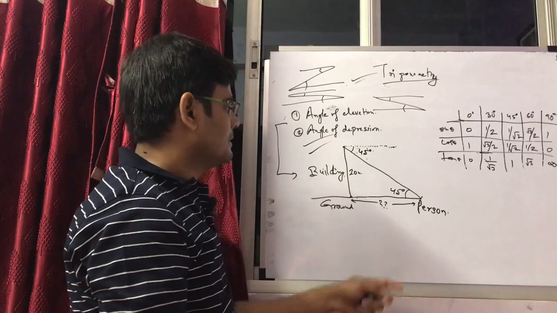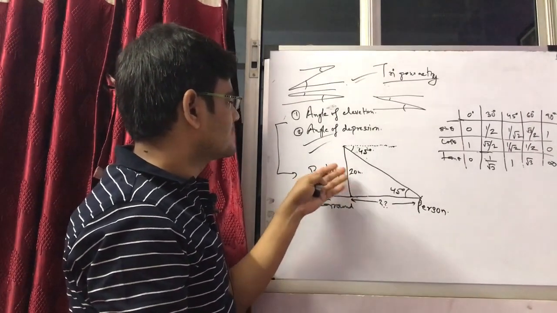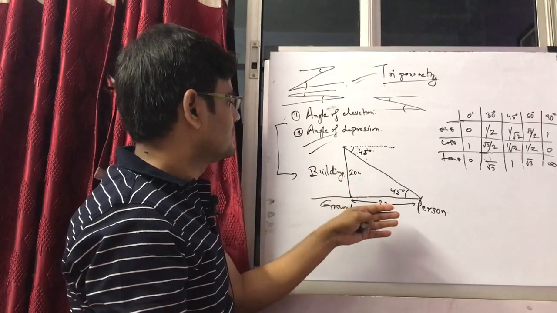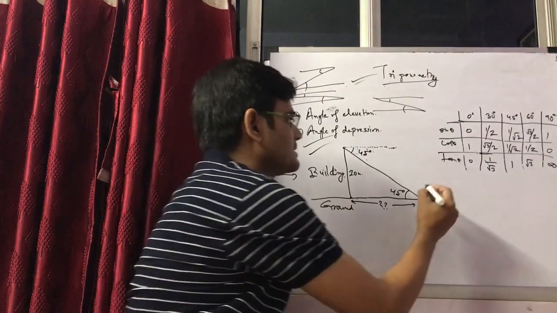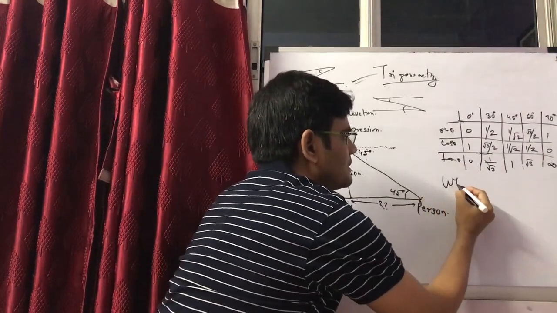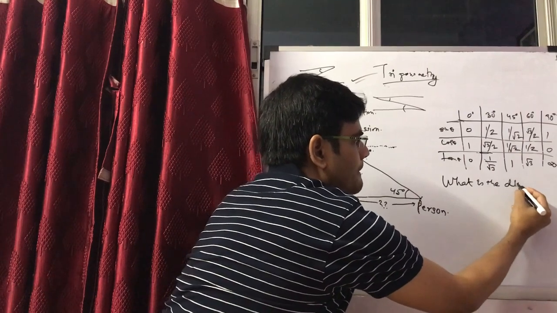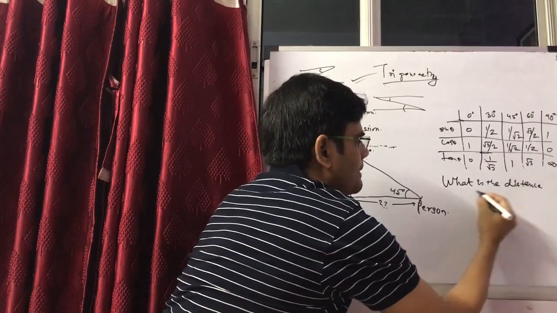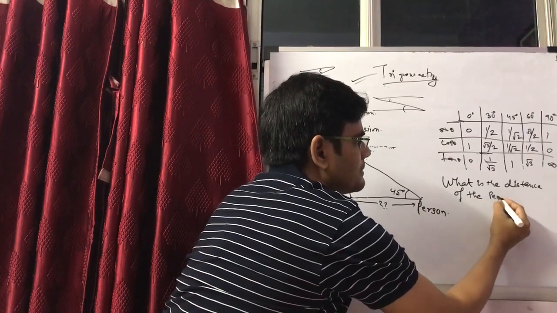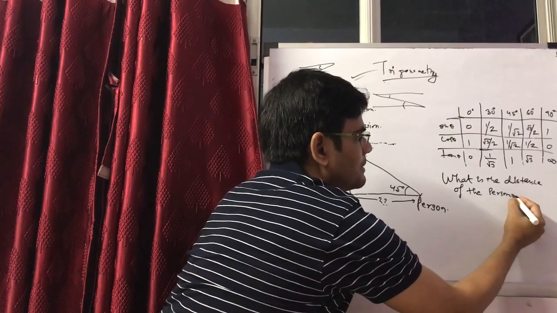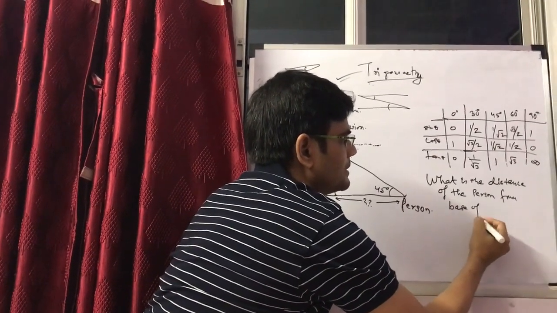And what do you use? Tan, sin, cos. We will use tan because this is given and this is asked. The question is, what is the distance of the person from the base of the building?